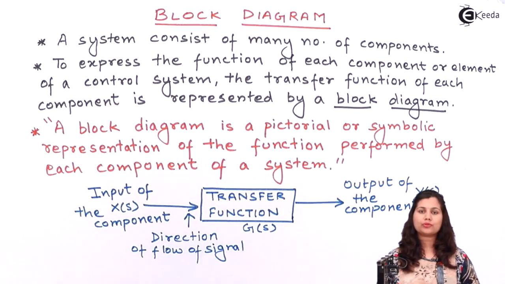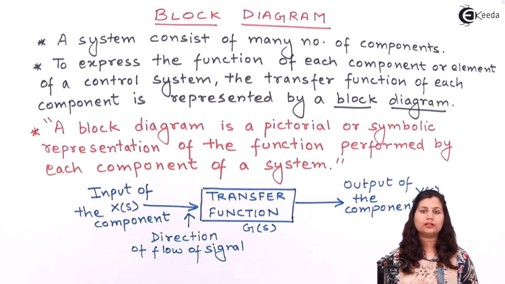So if we want to draw the block diagram of a system, then the transfer functions of the corresponding components are written in the corresponding blocks, and then these blocks are connected together with the help of arrows to show the direction of flow of signals.